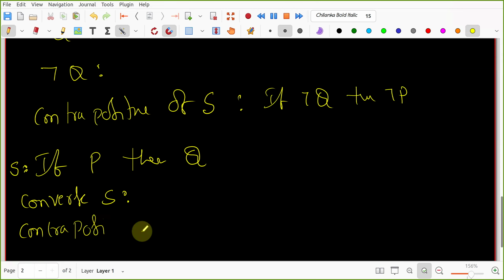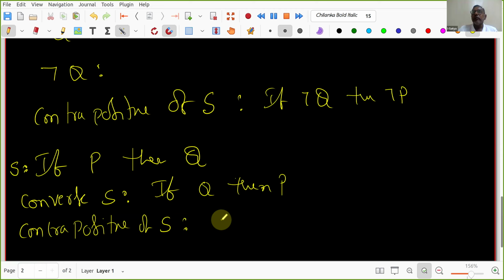Can we go to room number 4? Shivam. The contrapositive will be if negation of Q, then negation of P. Okay, yeah, good. So you understand this, right?